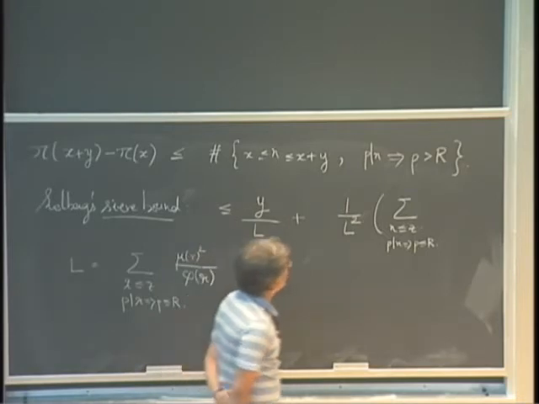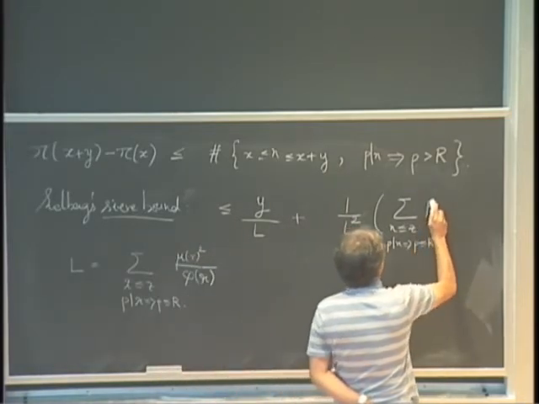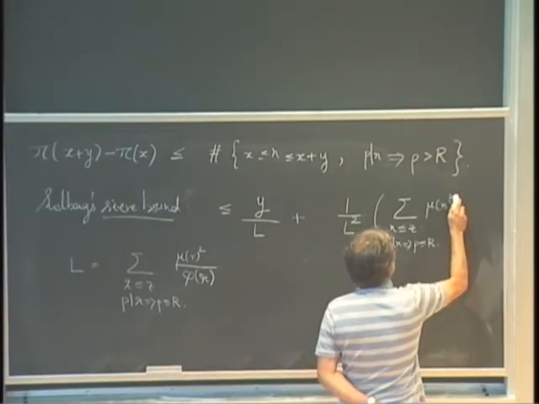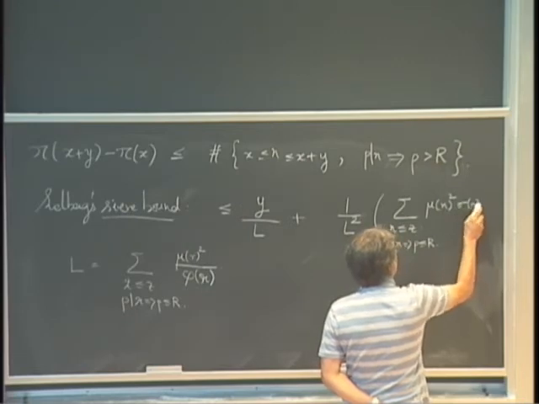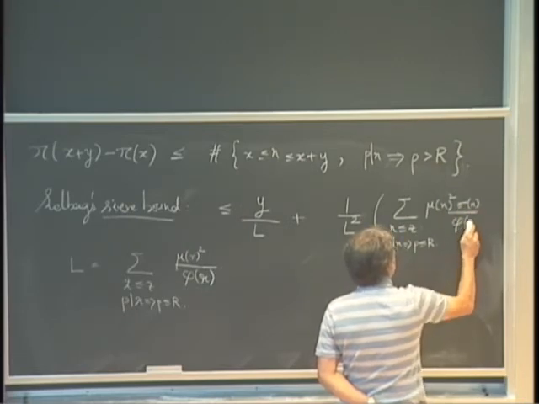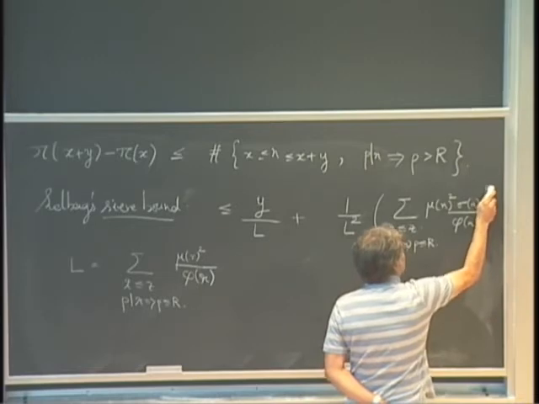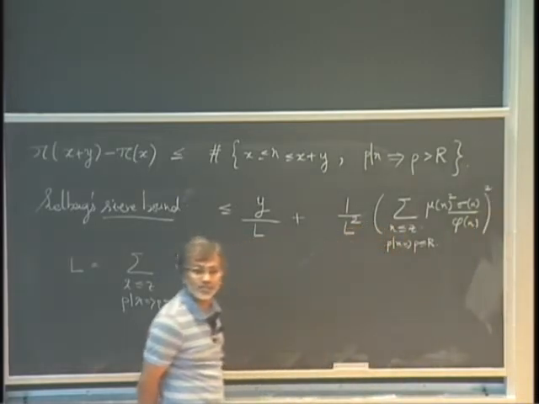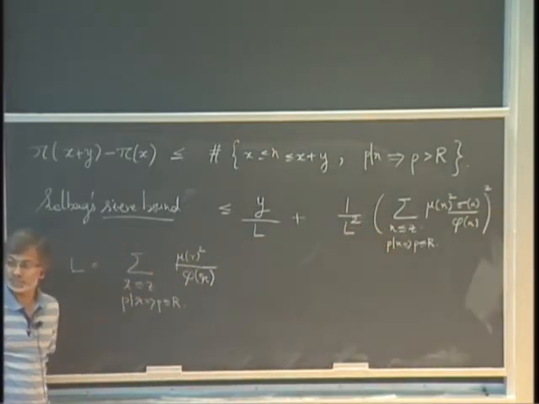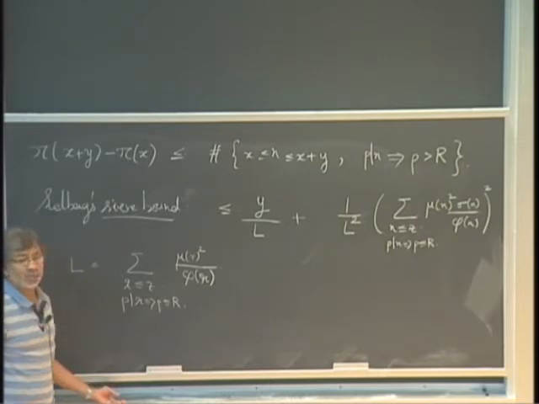And then here I had something like mu of n squared sigma of n divided by phi of n, and this quantity squared. Is this good? Okay. Any questions on this?